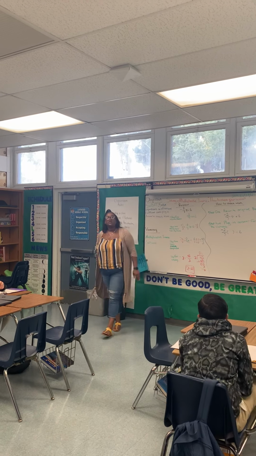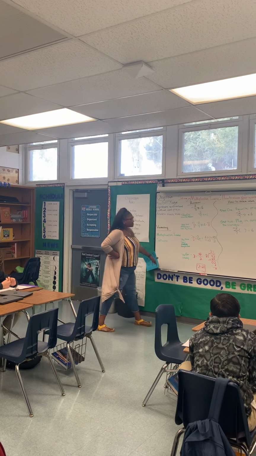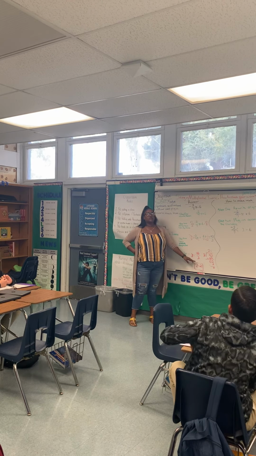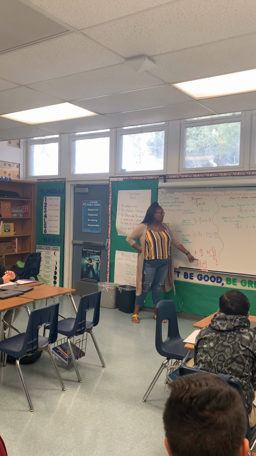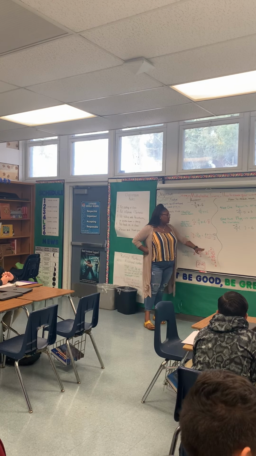But what do we have to do? Divide. When we do the division, what are we doing to the fraction? Simplifying, yes, we are simplifying this fraction. So 2 goes into 42 21 times.